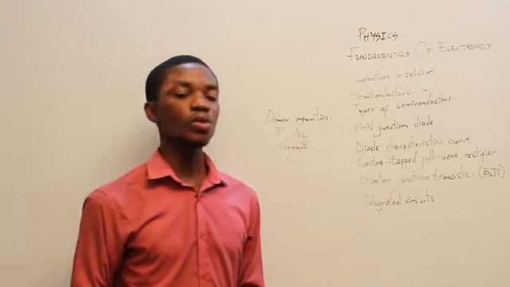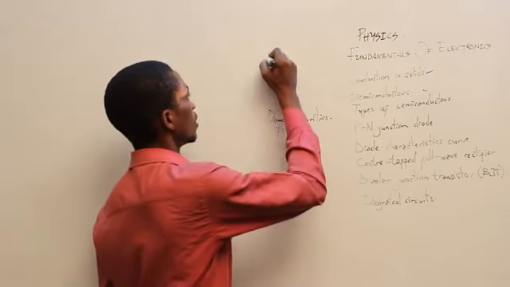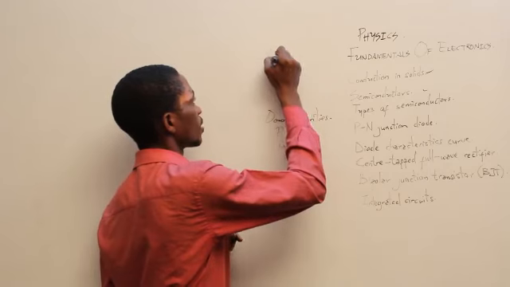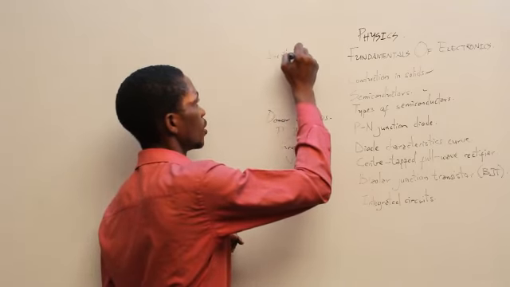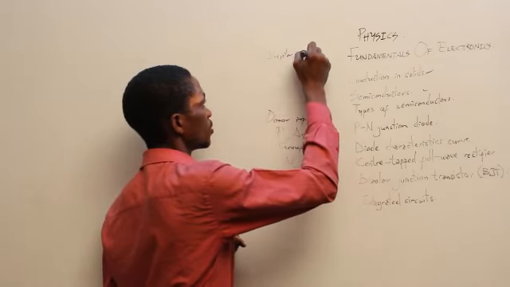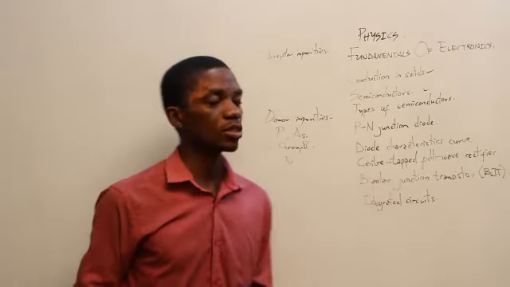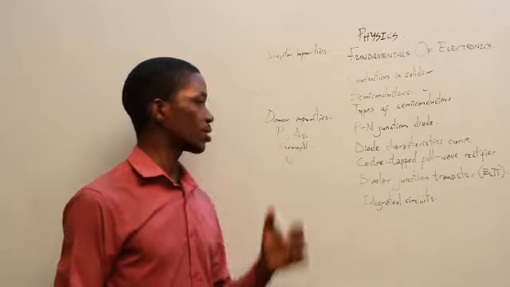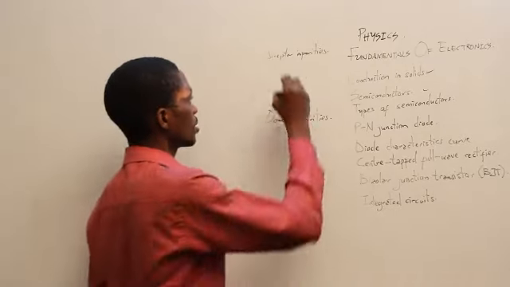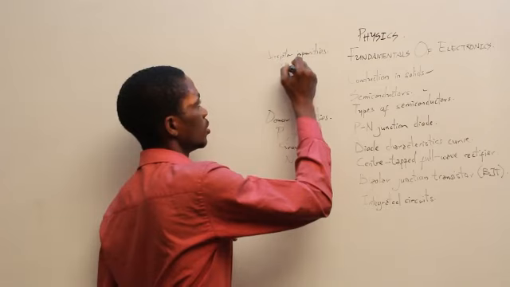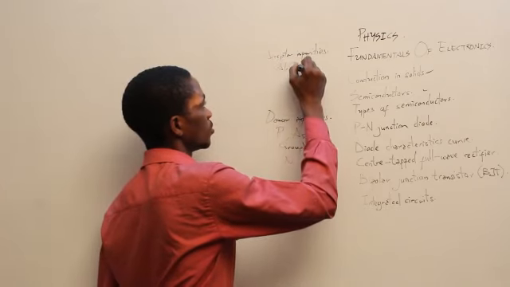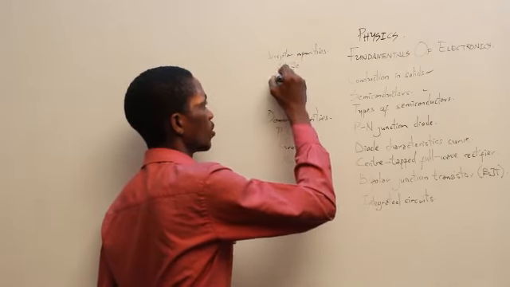Also, we have the acceptor impurities, just the exact opposite of this. They contain elements like aluminium, indium, and the others.